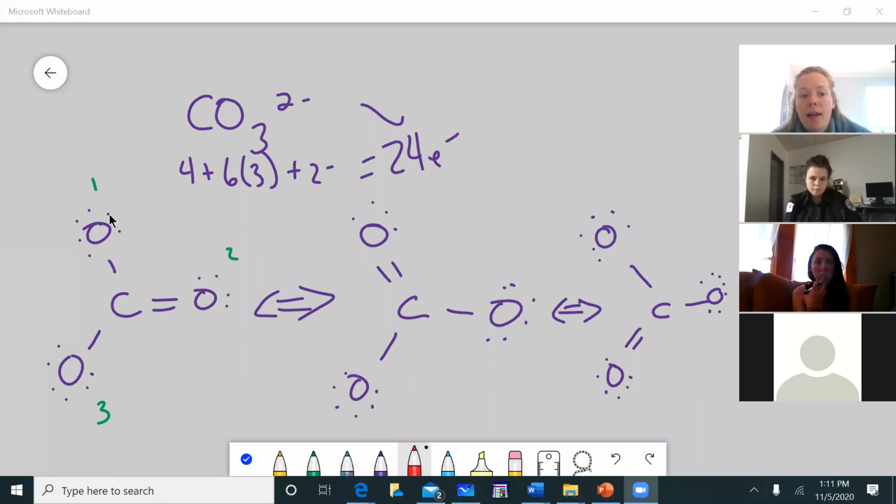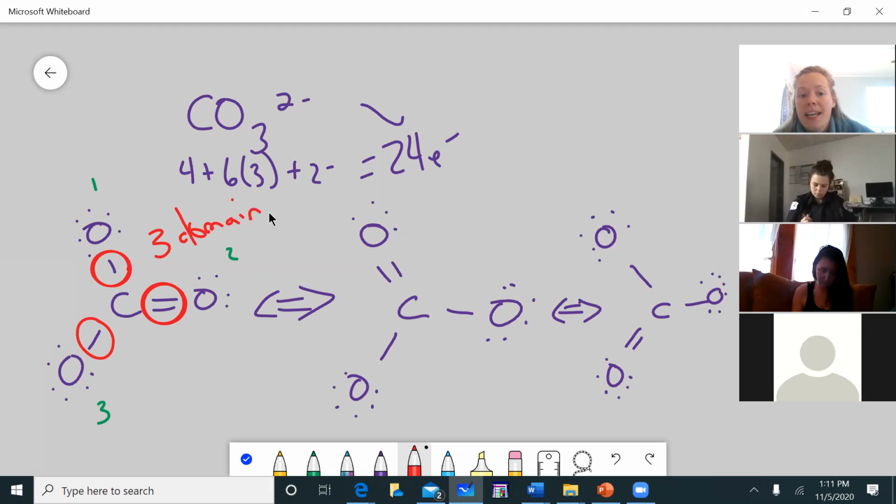Electrons on the outer atoms don't repel each other to create a 3-dimensional shape. So here, I would say this is 1 electron domain, this is 2 electron domains, and this is 3 electron domains. So this would have 3 domains, or 3 areas of negativity that want to spread away from each other.